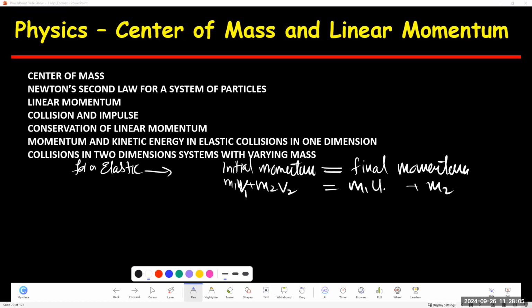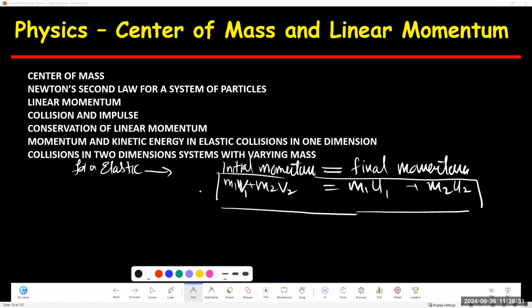Velocity changes from v1 to u1 and v2 to u2. Some books do it the other way around. They call initial velocity u, final velocity v. Maybe you can call initial velocity u or final velocity v. It doesn't really matter, but both sides should be equal. And this whole thing is called the law of conservation of momentum.